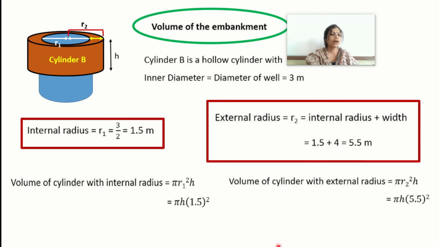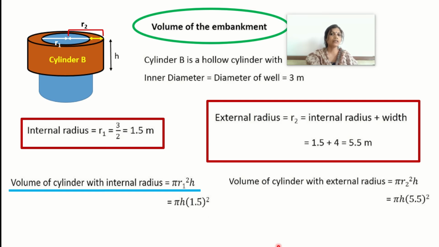So let's now find the volume of the cylinder with internal radius. And with internal radius, our formula is equal to pi r1 square h. Right? So substitute the values. Pi h we will write as it is.